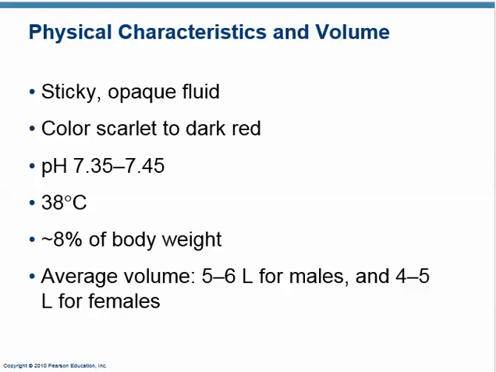A 5'8", 150-pound man will have about 5 liters of blood. It's the 5'2", 100-pound woman that has 4 liters of blood. The average physical size for men is bigger than the average physical size for women, and that's what's reflected here, not gender differences.